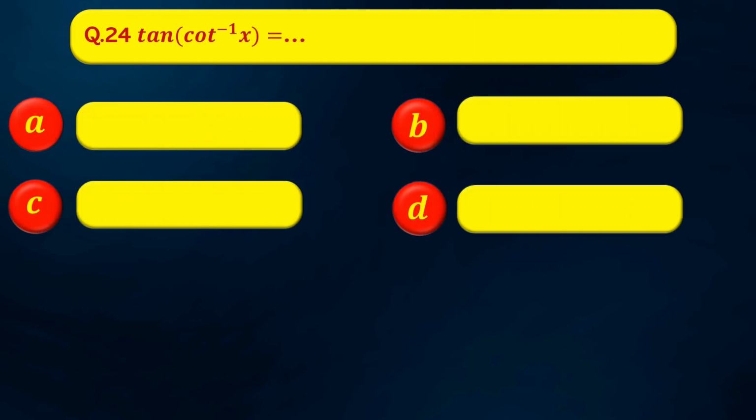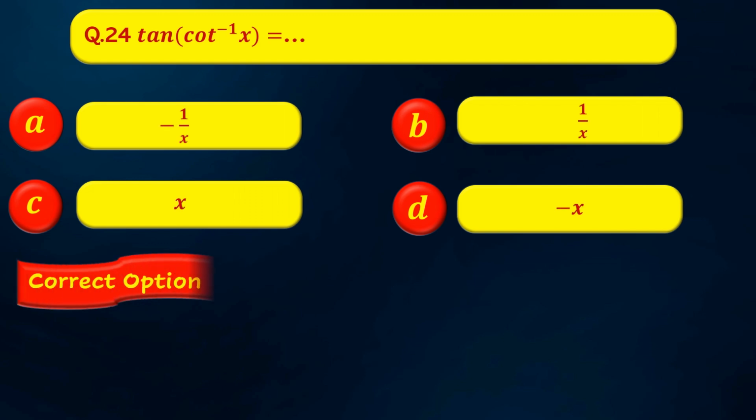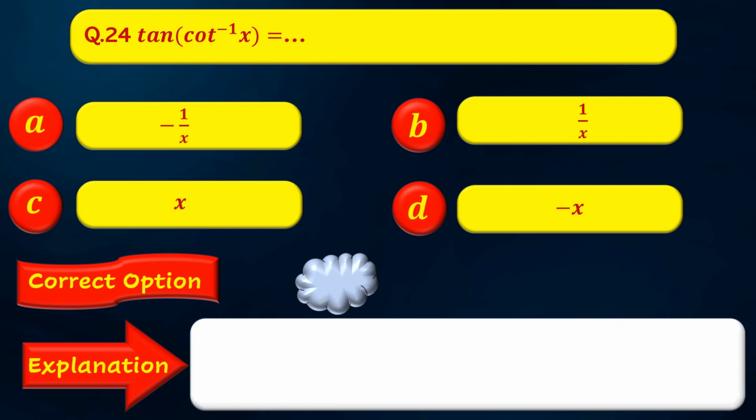Question number 24. Tangent of cotangent inverse x is equal to, and the options are. Let's find out which one is the correct option. But before that, let's explain it. A well-known inverse trigonometric identity is cotangent inverse x is equal to tangent inverse 1 over x.